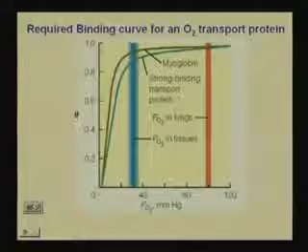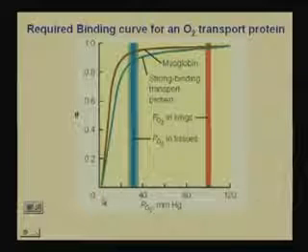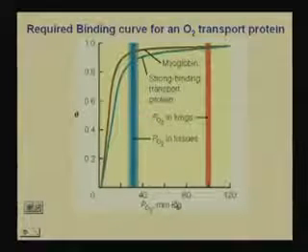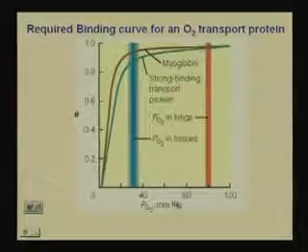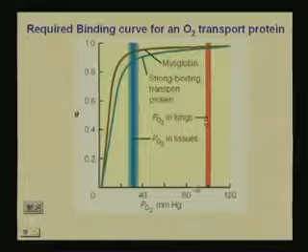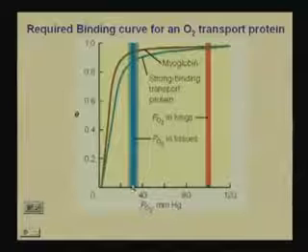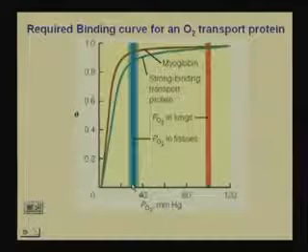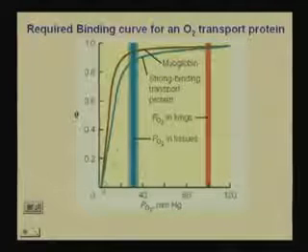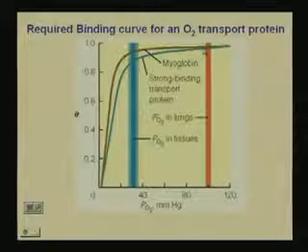On the y-axis we have the fraction, and on the x-axis the partial pressure of oxygen. The partial pressure of oxygen in the lungs is high. The partial pressure of oxygen in the tissues is low.